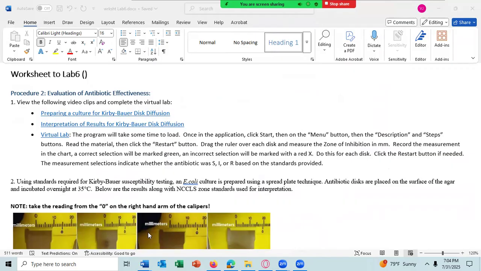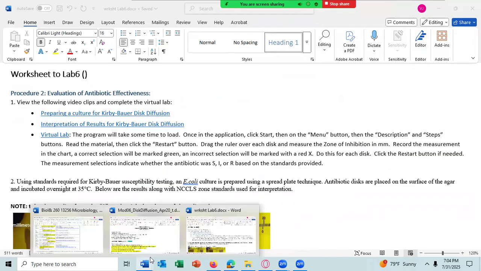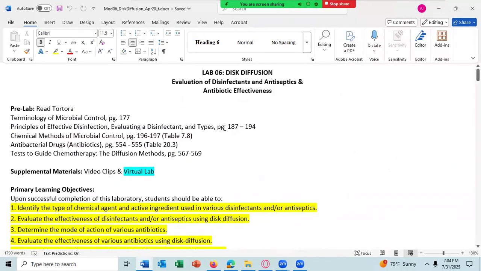That's the worksheet. I don't want the worksheet yet. Let's find the disc diffusion. There we go. Lab 6, disc diffusion, evaluation of disinfectants and antiseptics, and antibiotic effectiveness. There is some reading to do for this lab, so read about the terminology on page 177, the principles of effective disinfection, evaluating a disinfectant, and the types, page 187 to 194.